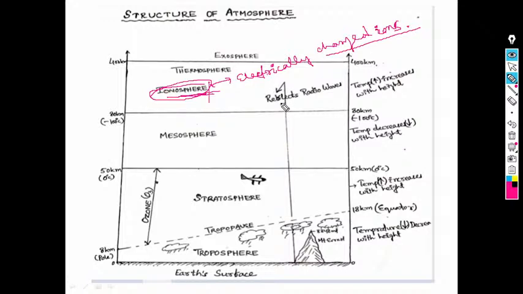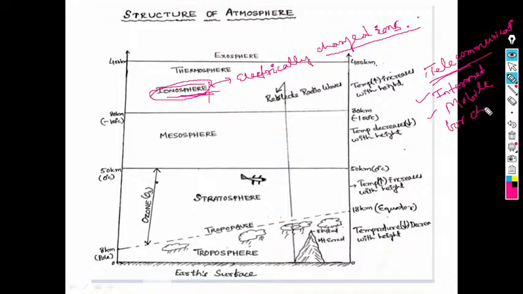These ions reflect the radio waves which are sent from the earth's surface back. How? In today's communication system, in our life, it is very important. Communication basically means our telecommunication. We are using internet, mobile for chat, for any work.